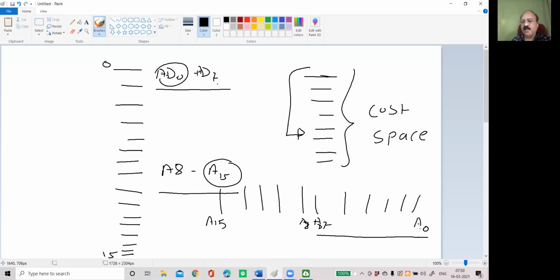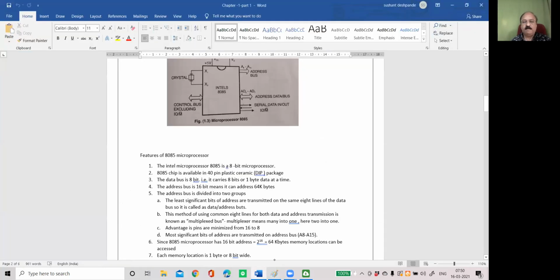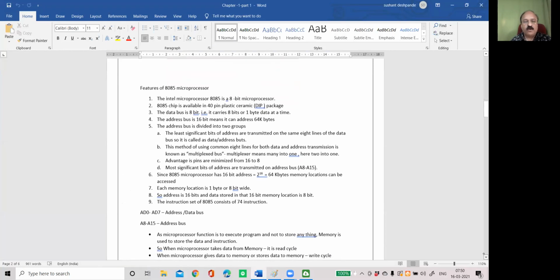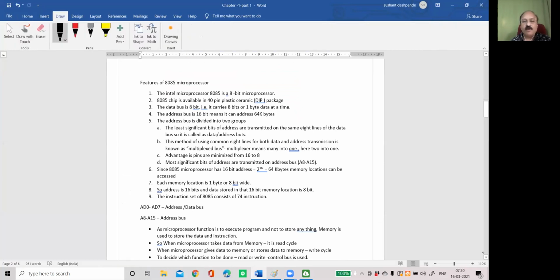Therefore, it is called as AD0 to AD7. And these are used for the most significant bits of address, A8 to A15. This is called as multiplexing. That is many into one. Right? I hope you must have understood this. Okay, so these are the features of microprocessor.